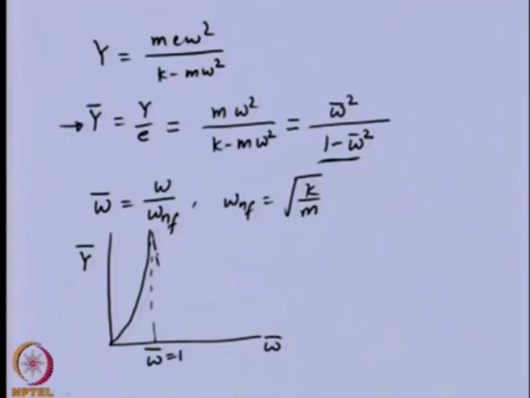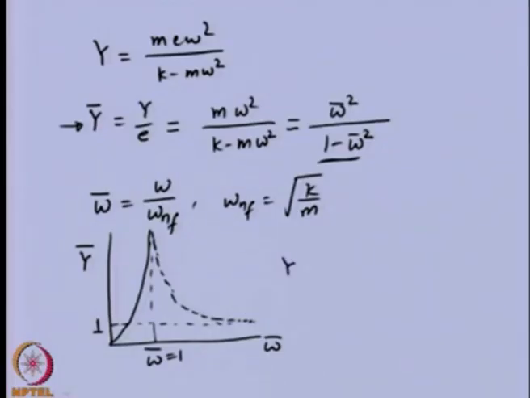And if we increase the frequency further, this will go asymptotically to a value of 1. So, this amplitude ratio will be 1. Why is it 1?